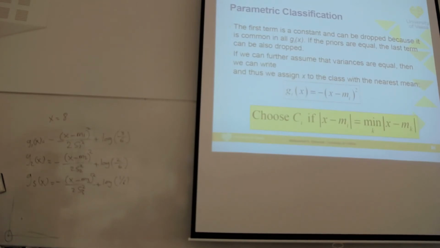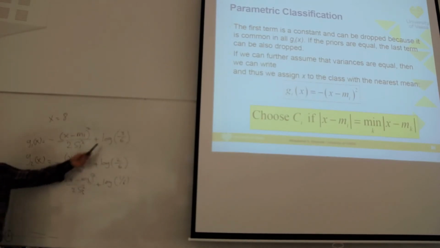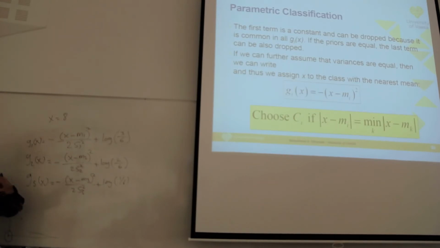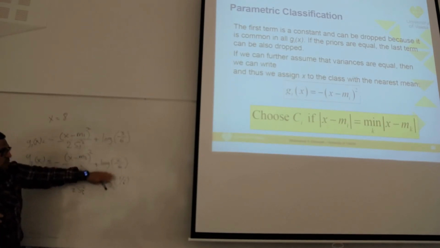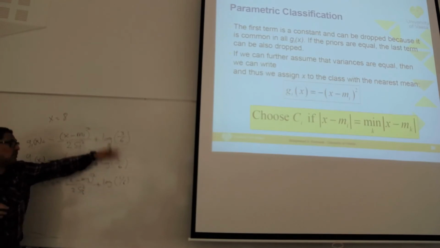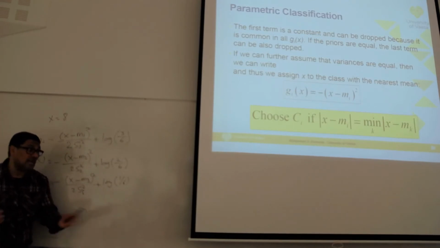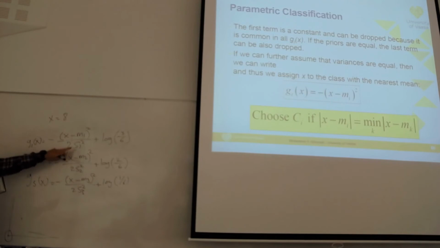Here they ask what if all of them have the same probability. It means that the classes are evenly distributed. In that case, this probability is the same as this one, and the same as this one, so we can just ignore it. And what if all the variances are also the same?